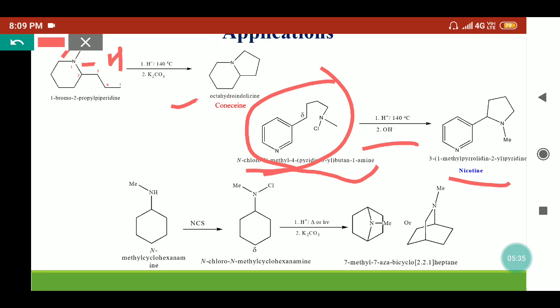Further, this reaction is very useful to give the bicyclic compounds, like if N-methyl cyclohexane amine will be treated with the NCS, that is N-chlorosuccinimide, then this will provide the chlorine to the nitrogen atom. So now it is N-halogenated amines. In given condition, it will abstract the delta proton and forms the bicyclic product by the same mechanism of the Hofmann-Loeffler Freytag reaction.